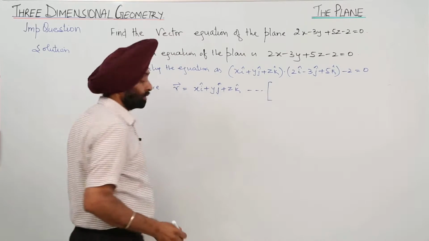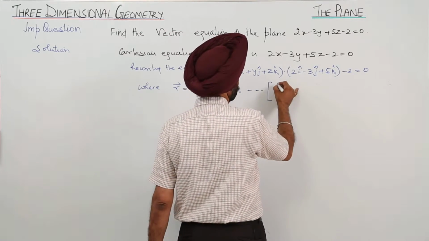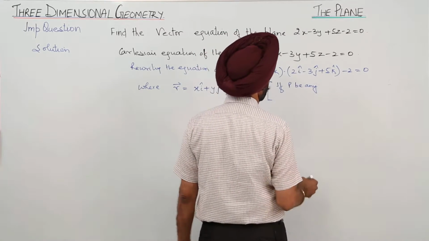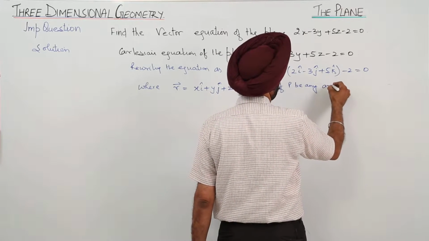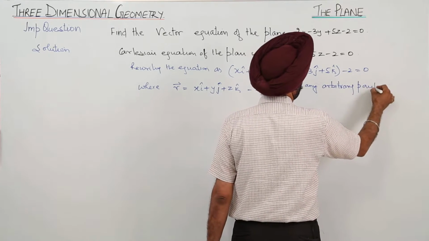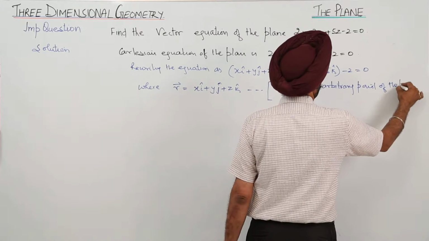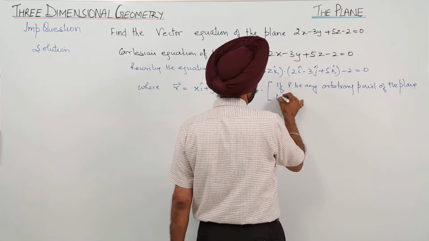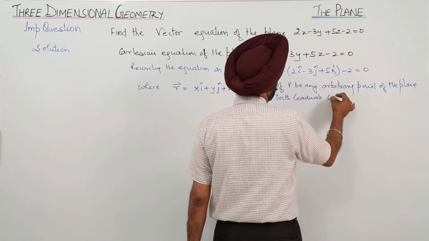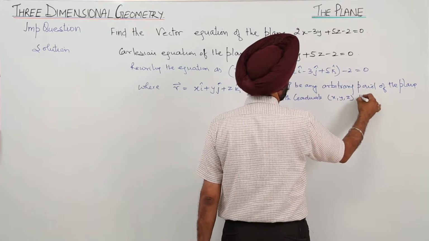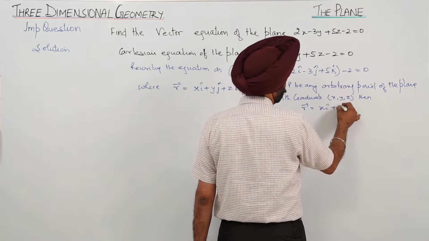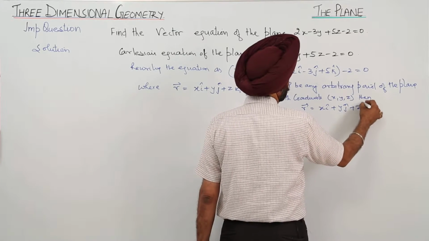Now, what is the reason for it? Reason is, if P be any arbitrary point of the plane with coordinates x, y, z, then vector r is x i cap plus y j cap plus z k cap.